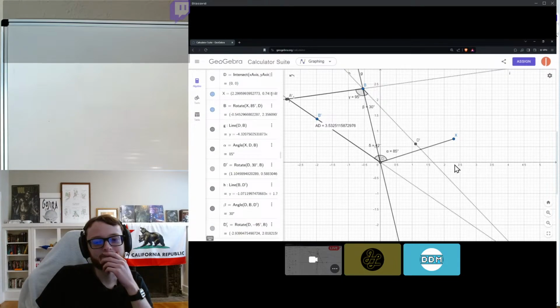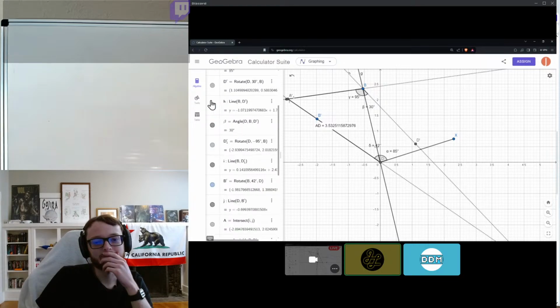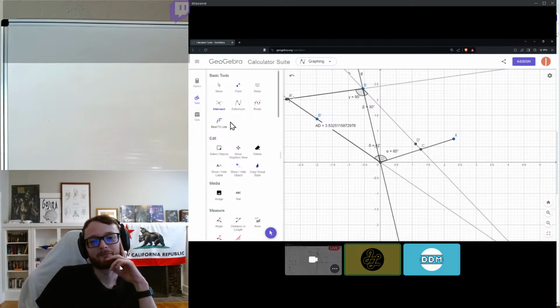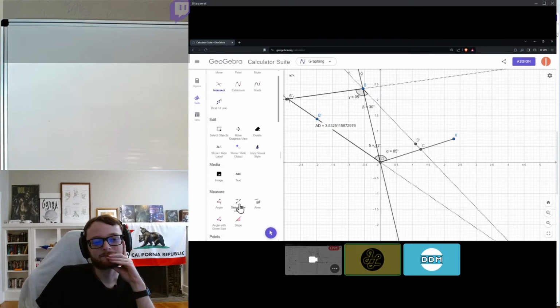I can delete that. Let's create the intersection of this to this, and that gives me my new point C. And then I measure the distance from B to C.